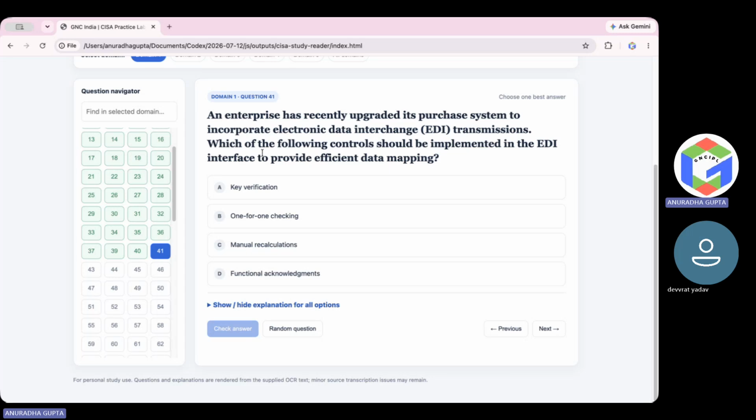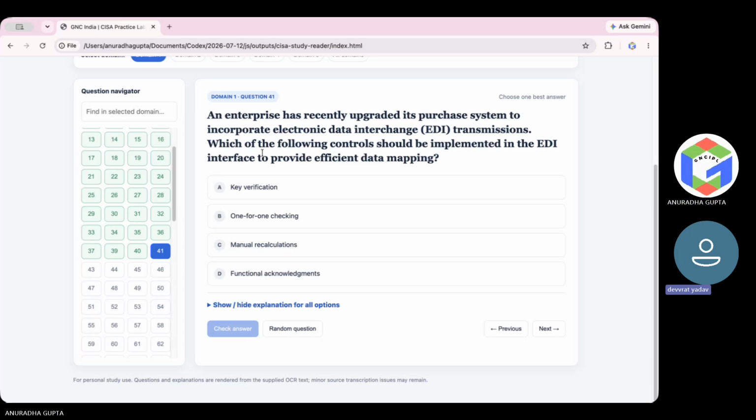Which of the following controls should be implemented in the EDI interface to provide efficient data mapping, so that data can be effectively mapped? Data here means financial data, all the transactions happening during the day or the logs related with that. These things come under data mapping, right?